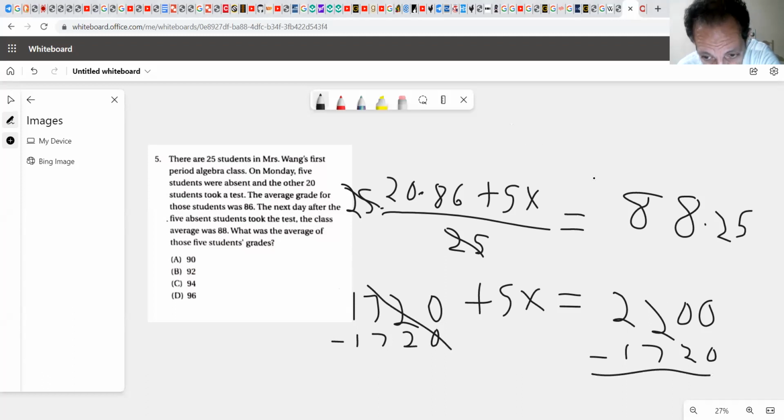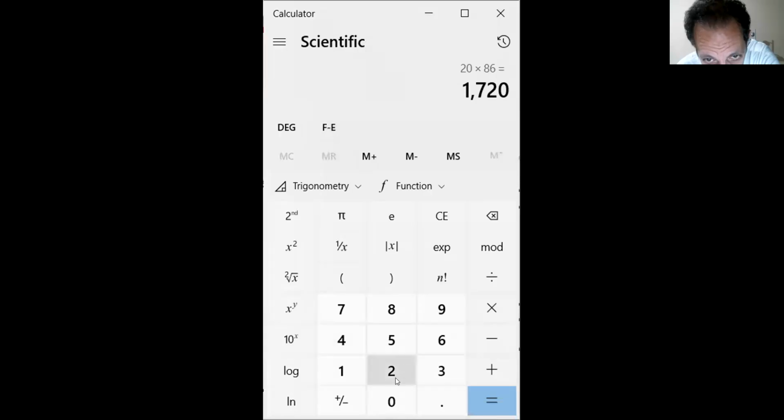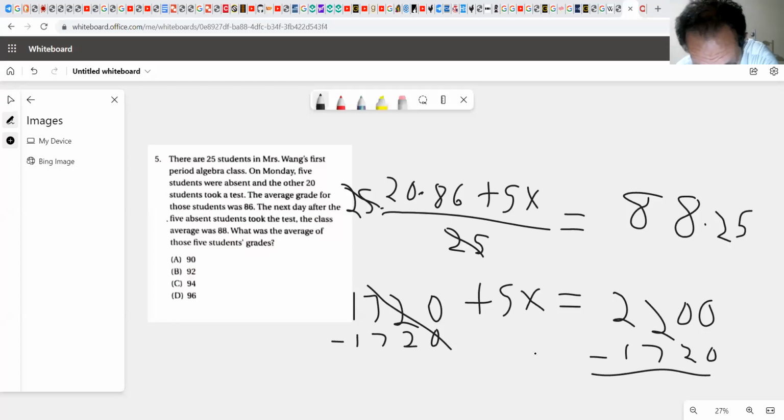Again, let's take a look at the calculator. 2,200 minus 1720 equals 480.